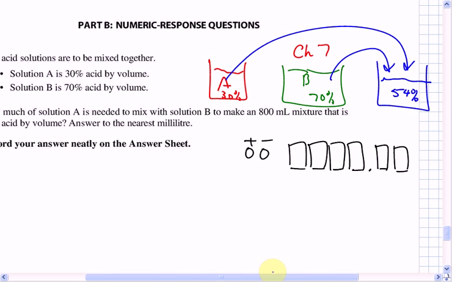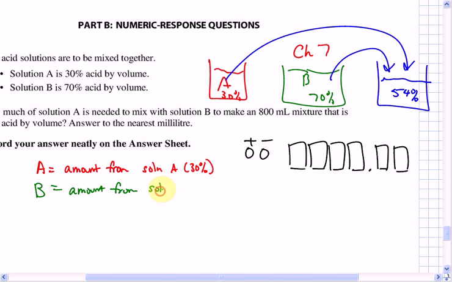So because you're taking some of A and some of B, let me just call A the amount from solution A, which is of course 30%. And let's call B the amount from B, and of course that's a 70%. I know, what happened to X and Y?